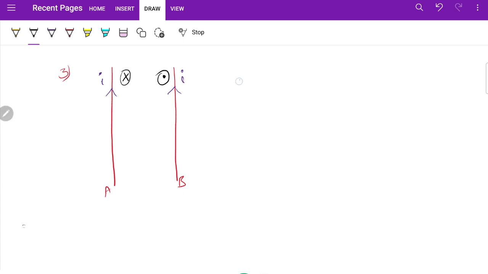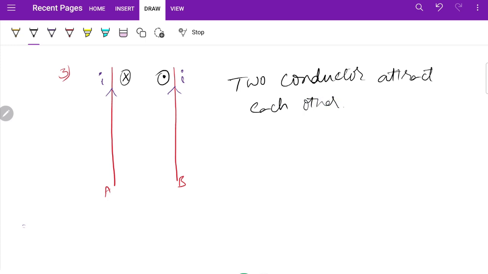The two conductors attract each other. That means two straight conductors carrying current in the same direction will attract each other.